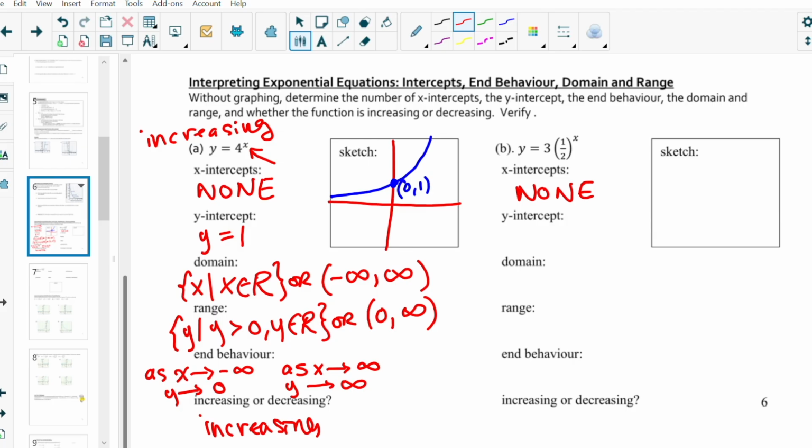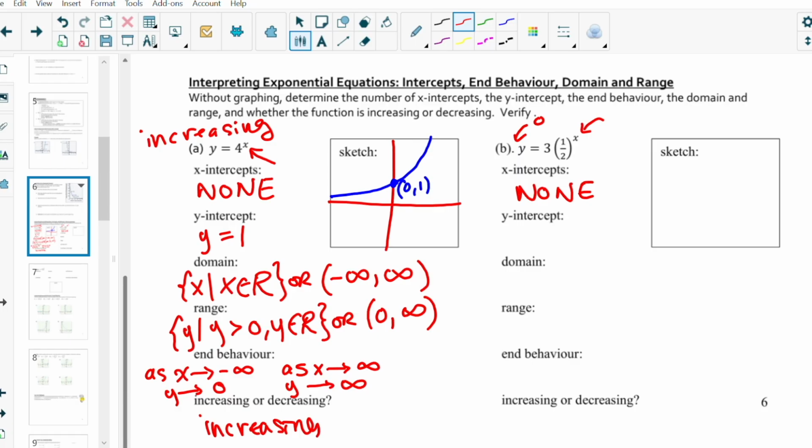I want to explain one more thing. You can ask it this way: will the exponential function ever touch the x-axis, right? So meaning, will y ever be 0? That's an x-intercept. So if you plug in 0 here, what value of x for an exponent will give you a y value of 0?